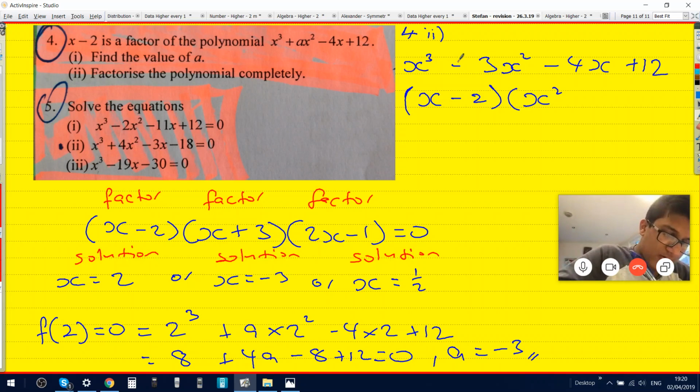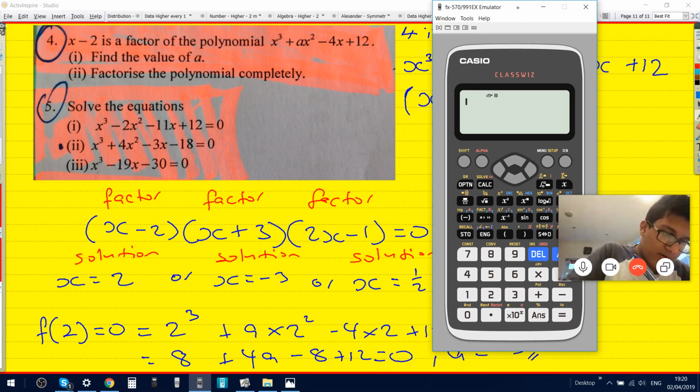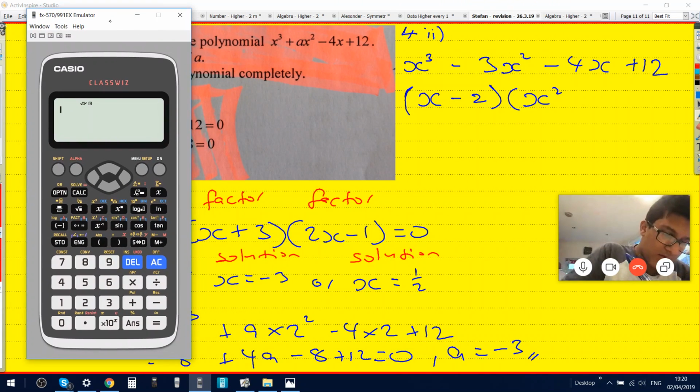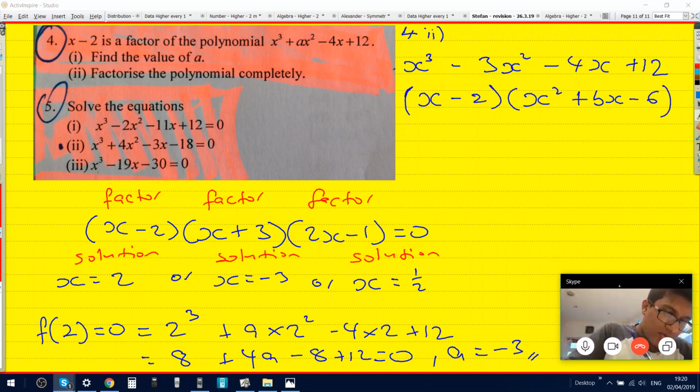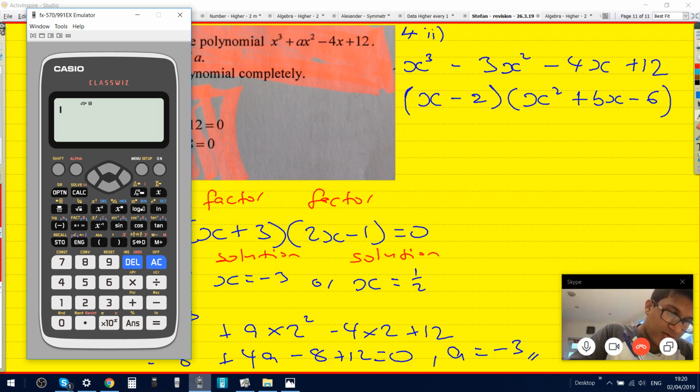Yeah. Then you've got minus x, and then minus x squared plus 2x, and you minus these, and you get minus 6x. Then you have minus 6, then plus 12. Okay, and then you've got 0.